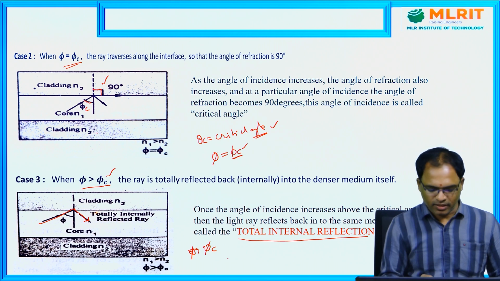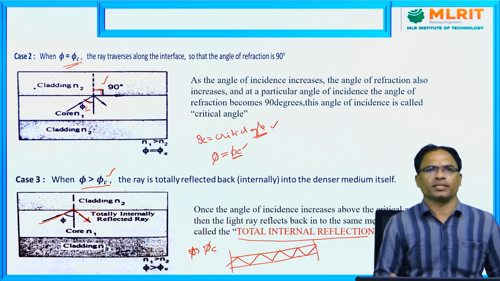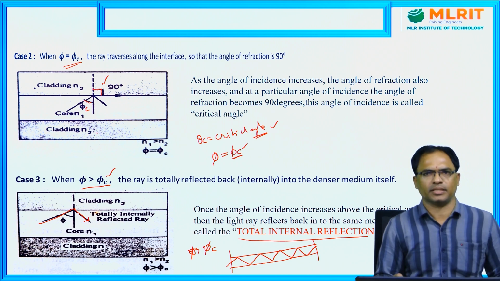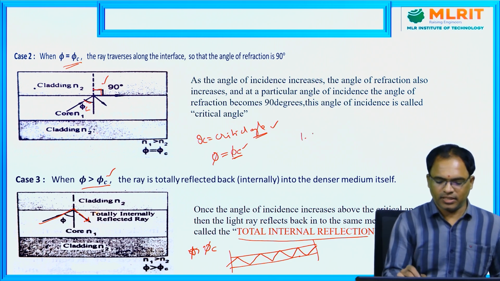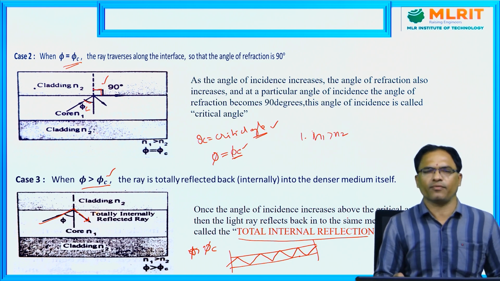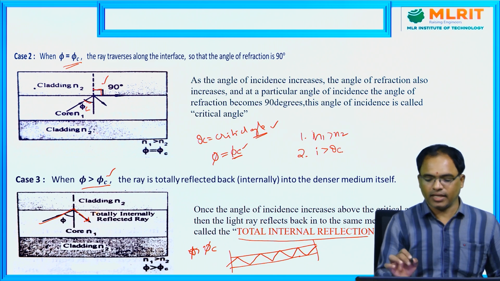This is the process by which the light beam moves from one end to the other end of the optical fiber. Finally, we can understand that there are two basic conditions required for total internal reflection to take place. One is N1 should be greater than N2: the refractive index of the core should be greater than the refractive index of the cladding. The other is that the angle of incidence should be greater than the critical angle.